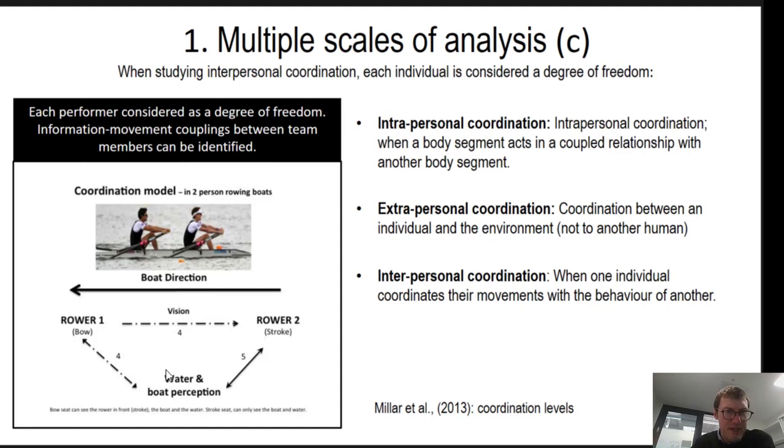So this example gives an example where the person at the front, if we assume they're coordinating their actions just with the water, right? That's an example of extrapersonal coordination. The person behind them can see the person in front. So there's an opportunity for interpersonal coordination.